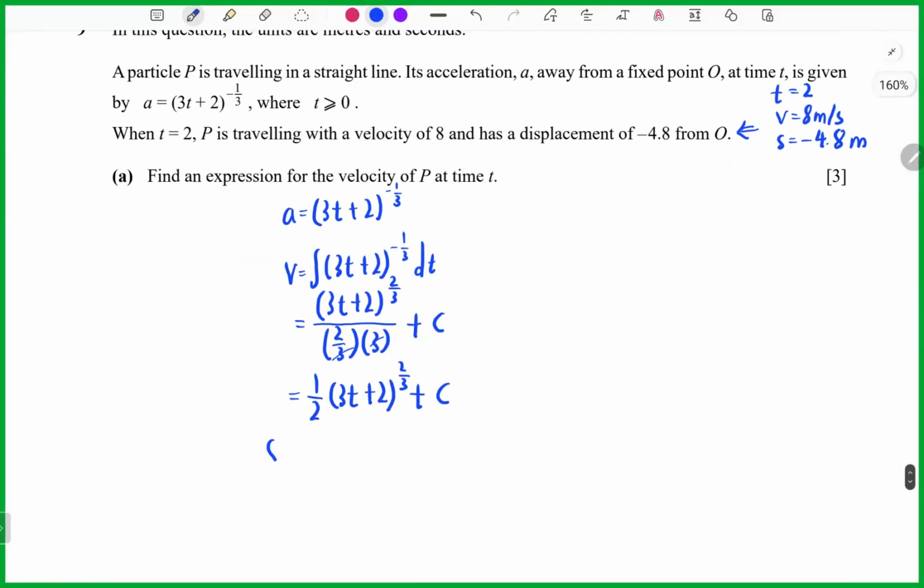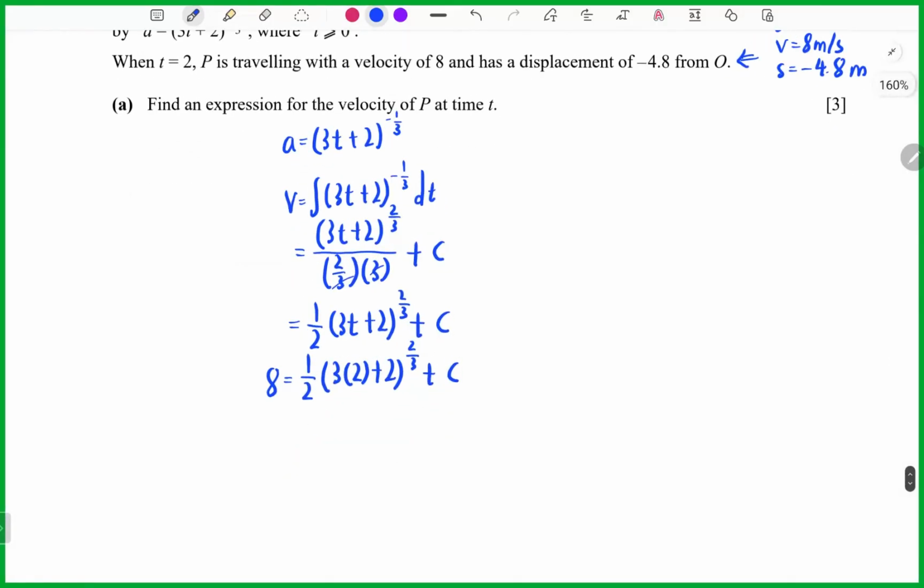I write here 8 equals 1/2 (3(2) + 2)^(2/3) plus C. Because in this paper we cannot use the calculator, I need to calculate manually. So 8 equals 1/2, 6 plus 2 is 8, to the power of 2/3.